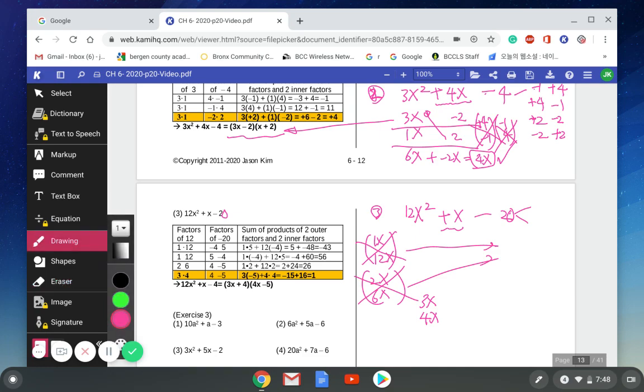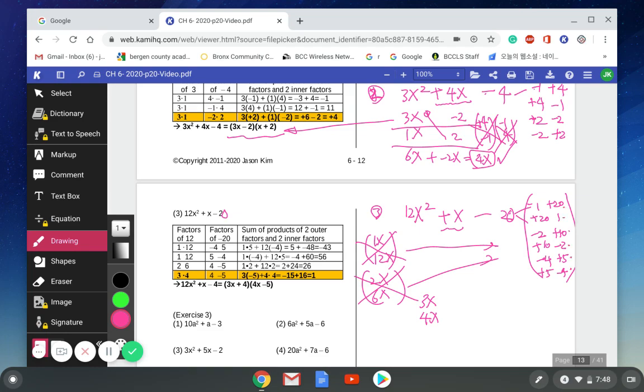So 20 is 1 times positive 20, or negative 1 and negative 20, negative 2 times positive 10, and positive 10 with a negative 2, and negative 4 and positive 5, and positive 5 times negative 4. So you have 1, 2, 3, 4, 5, 6.